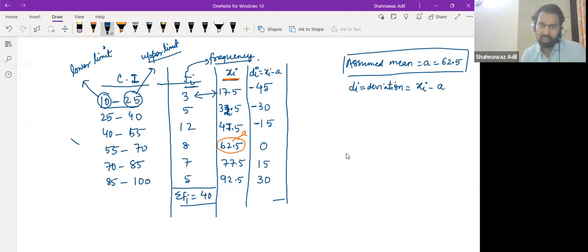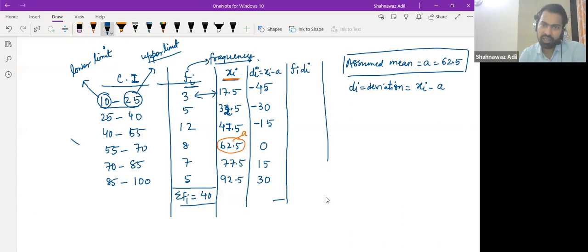Okay. Now what we do is that we multiply these ones to this one. So now we multiply Fi and Di. Understood? Yes. So in the direct method we have xi and fi and you multiply them, and in this method we just have to find di, and then we make another column, similar to that.